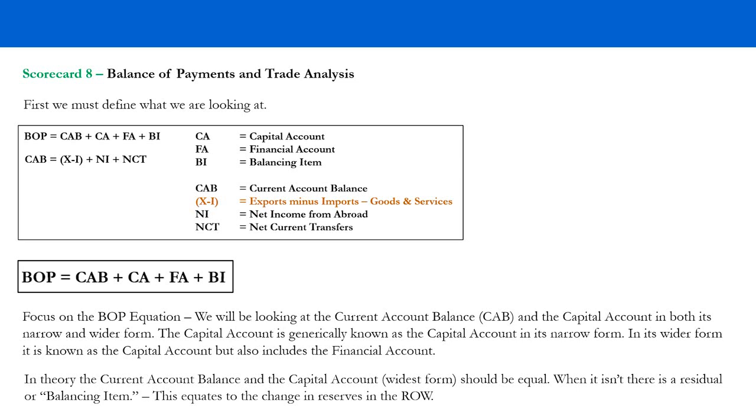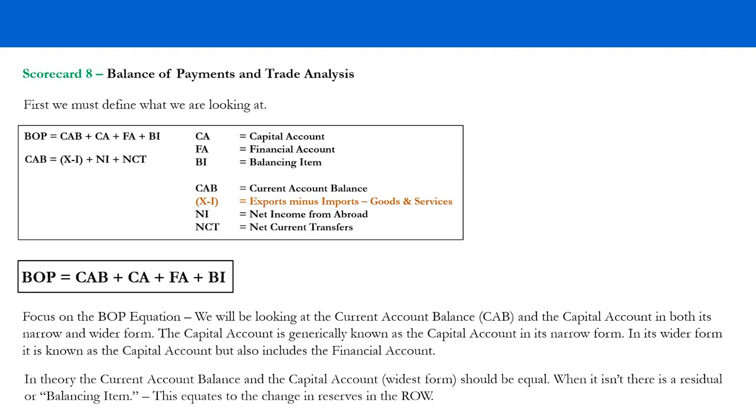And the current account balance is exports minus imports plus net income from abroad plus net current transfers. Now we're going to go one step further than what we focused on earlier in the video series. We focused earlier on the current account balance. We're now going to focus on the entire balance of payments equation.